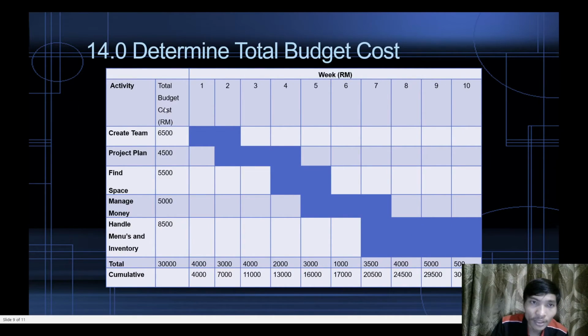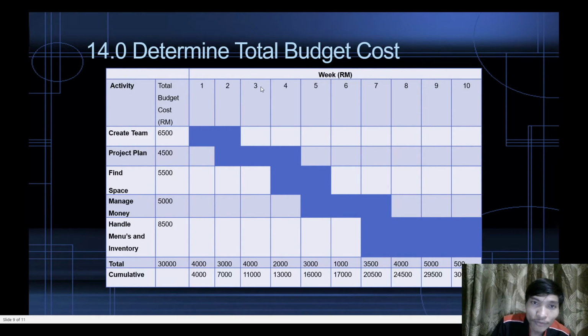Next, determine total budget cost. Like I said, from the previous slide, the first week we get 4,000 cumulative total budget. It takes week 1 and week 2 to complete the create activity.